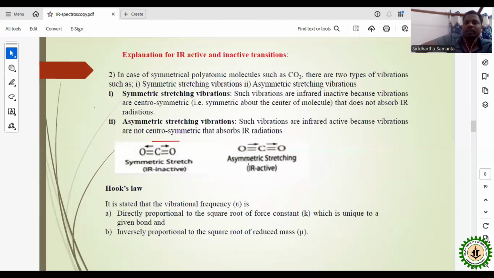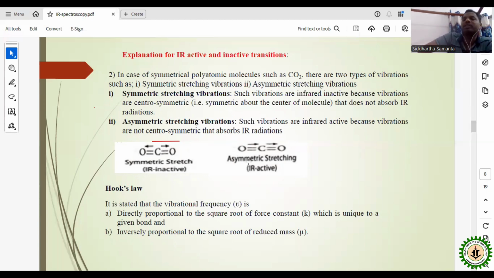Now, is the carbon dioxide molecule active or inactive? If we see that the permanent dipole moment of carbon dioxide is zero, so it is basically inactive. But in what mode? In the symmetrical stretching mode, mu is equal to 0, so the dipole moment is 0 in the symmetrical stretching mode.